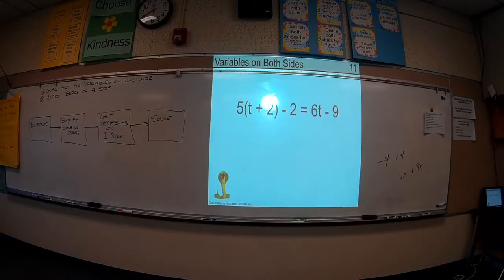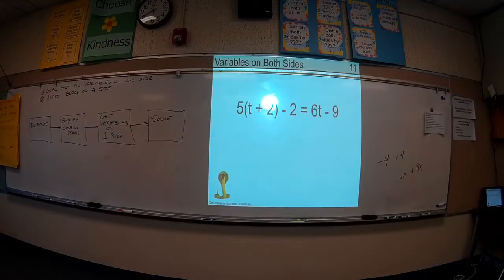It happens right during the distribution. 5 times 2 is 10 minus 2. Also, you didn't follow the flow chart: distribution and simplify the terms.